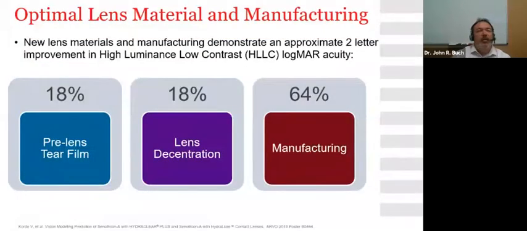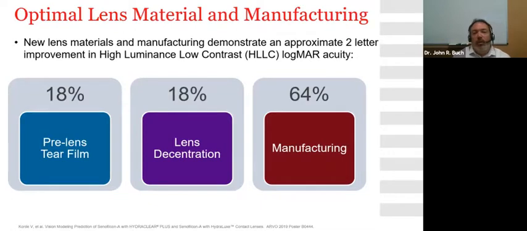There was a 2019 poster at ARVO that described this exercise, that new lens materials and manufacturing had demonstrated an approximate 2-letter improvement in high luminance, low contrast logMAR visual acuity. So we always think about the optical design and the front curve, back curve, and that type of thing, but there's actually more to it. There's more that's impactful, that we can actually improve vision through other means as well.